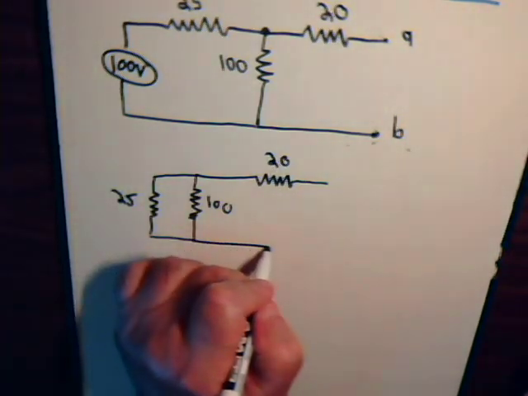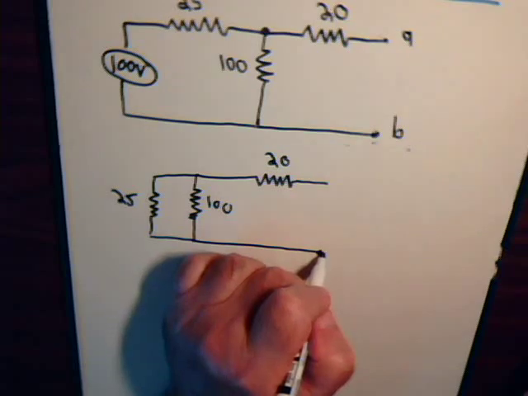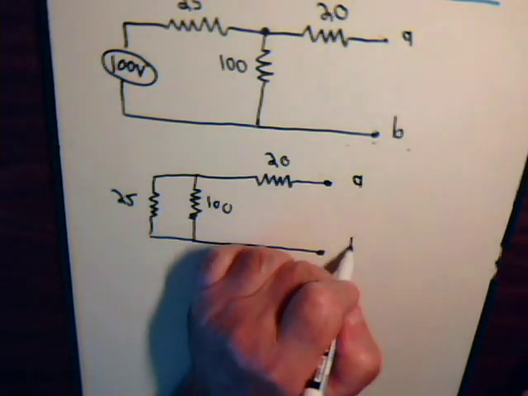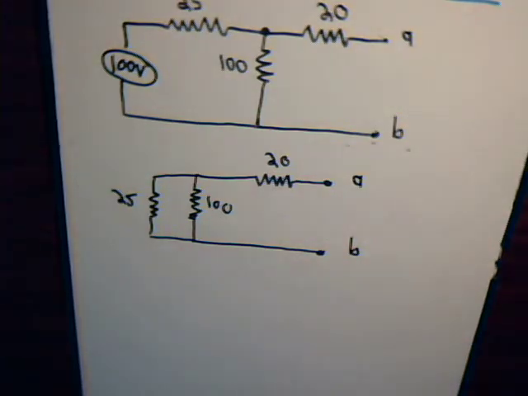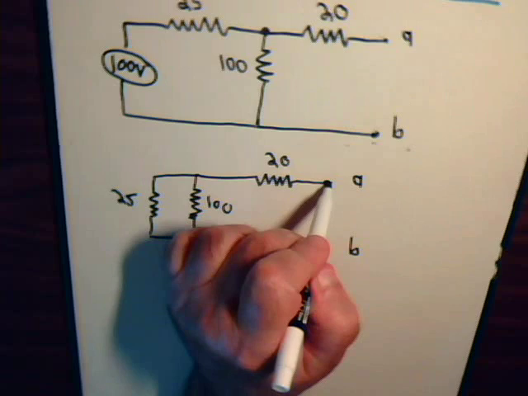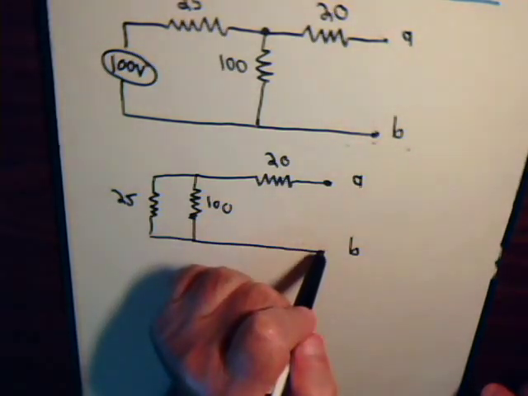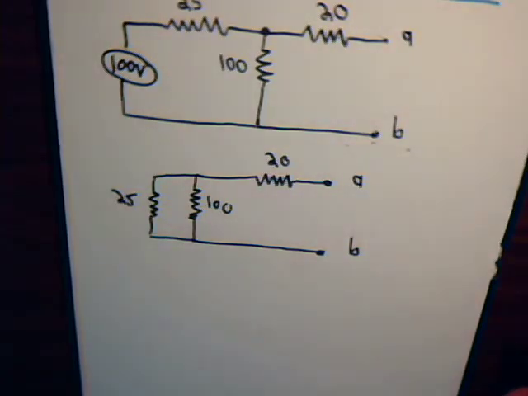And now that we've eliminated the voltage source, we ask ourselves this question: what is the resistance of this circuit as seen across the terminals AB? So you can imagine taking a potentiometer and hooking it up across these terminals, and that potentiometer puts out a small trickle of current.